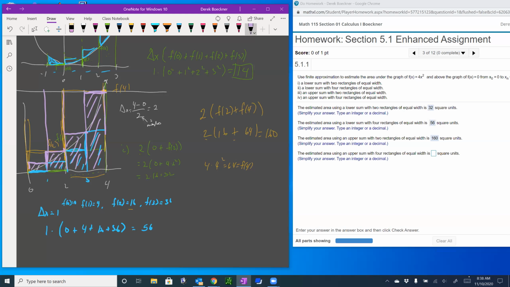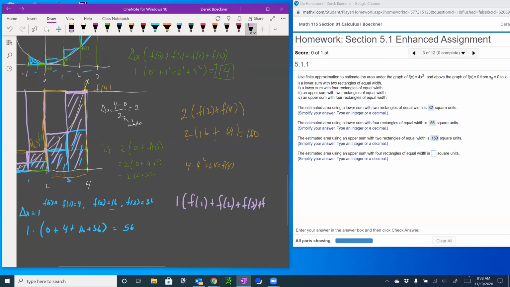Those are the 4 rectangles I would get from the upper sum. So I have 1 as my delta x. And the first rectangle has height f of 1. The second rectangle has height f of 2. The third one f of 3. And the last one f of 4.